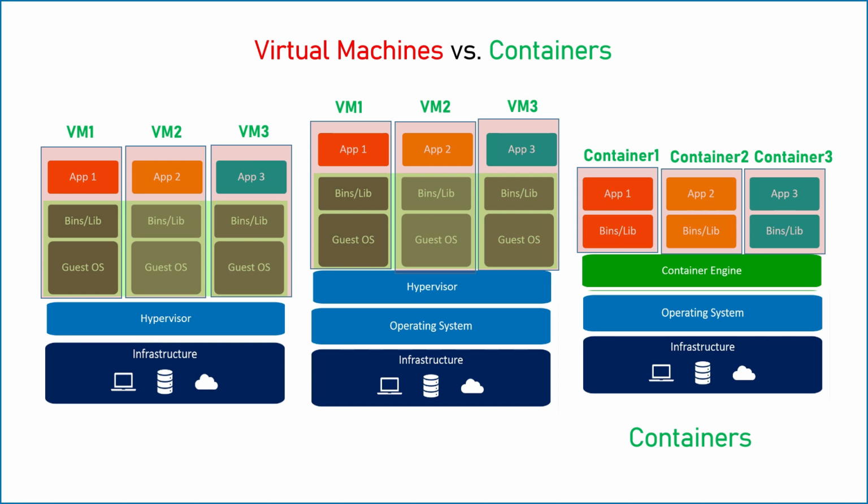But the infrastructure requirement of each container reaches your infrastructure directly. There is no intermediary in between, unlike virtual machines where we have a hypervisor in between. So it reduces overhead and improves performance as well, and the complete end-to-end management of containers is also very easy in comparison with virtual machines. This is the basic difference between virtual machines and containers.